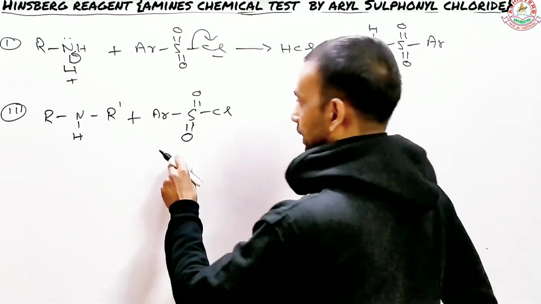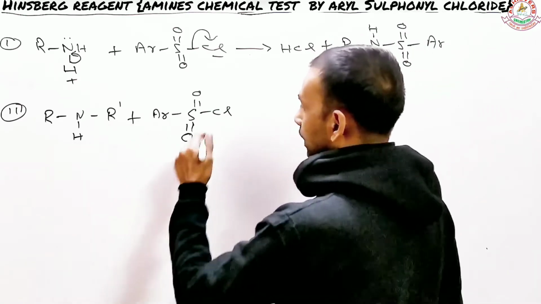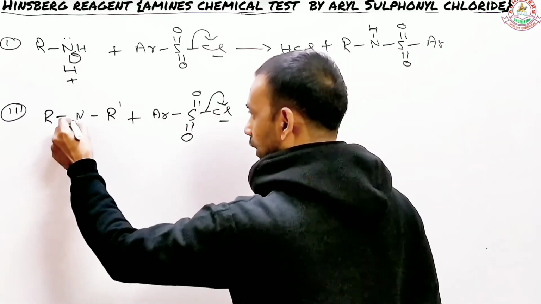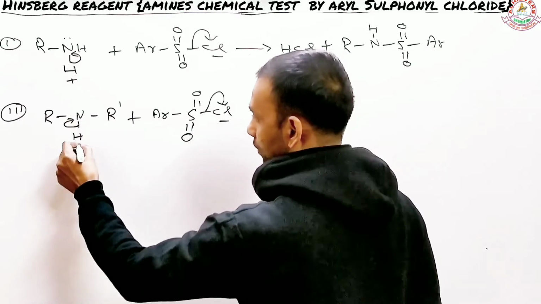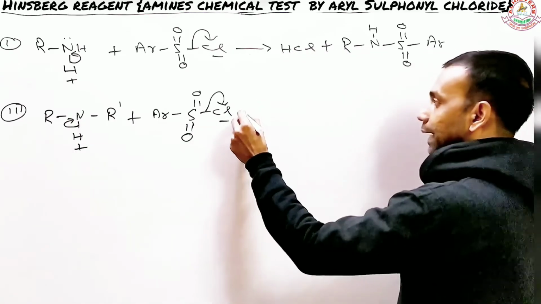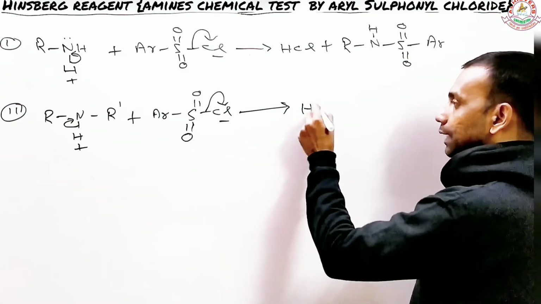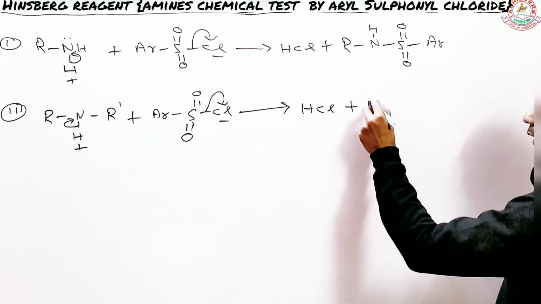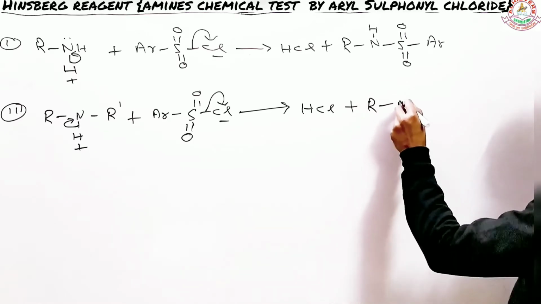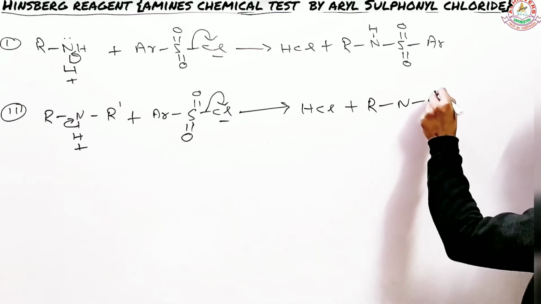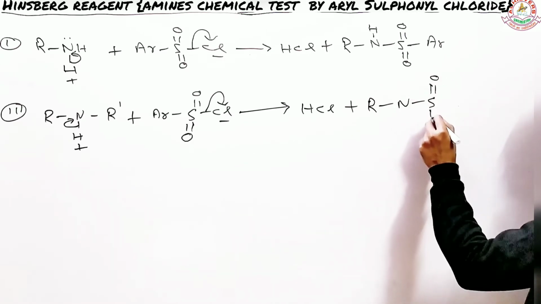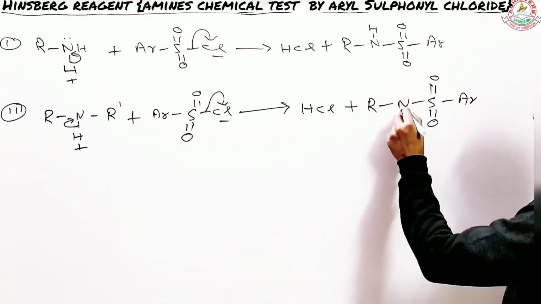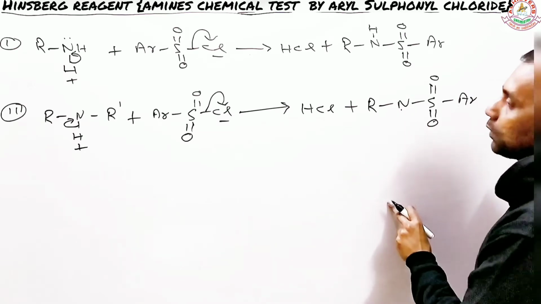Now let's concentrate here. Again, what will happen? This chlorine will come out as a negative charge, and this hydrogen will come out as a positive charge. So the reaction takes place and produces HCl, and along with that you have your R, you have N, but N is now bonded to the sulfonyl group, S double bond O, S double bond O, and then the aryl group, and no hydrogen left.